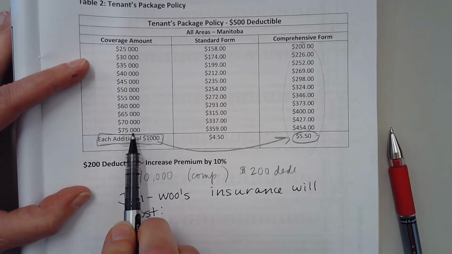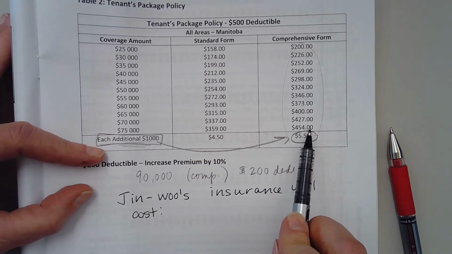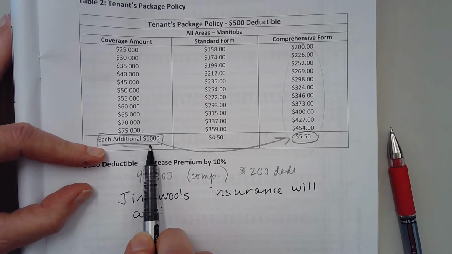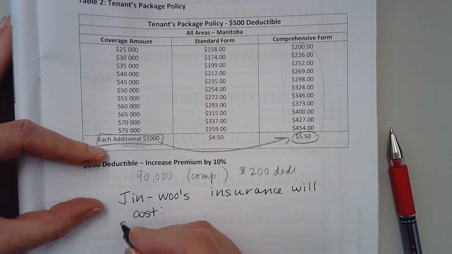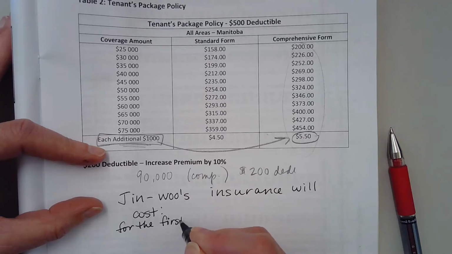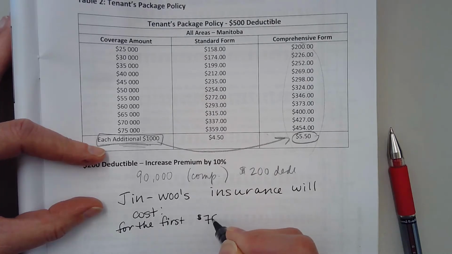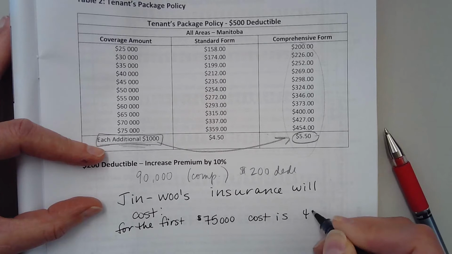Okay, it says the coverage amount for $75,000 will cost him $454, and then for each additional $1,000 I have to add on this amount. So for the first $75,000, the cost is $454.